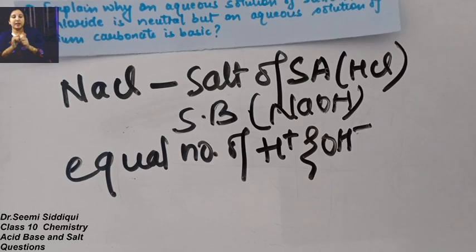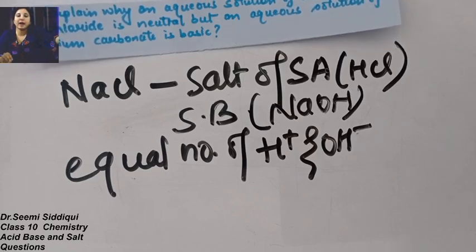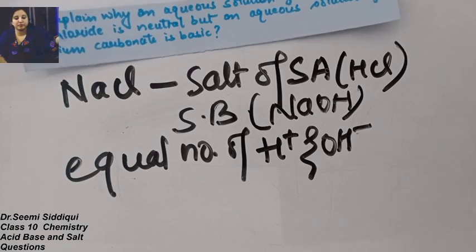Again I am saying how you will write this answer. You will write like this: NaCl is a salt of strong acid, in bracket HCl, and a strong base, in bracket NaOH. It does not undergo hydrolysis, as there is no reaction between ions of salt, that means NaCl, with water.